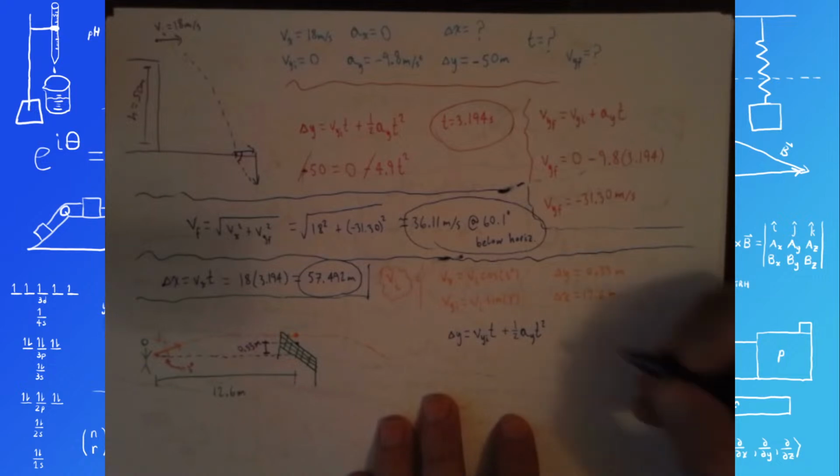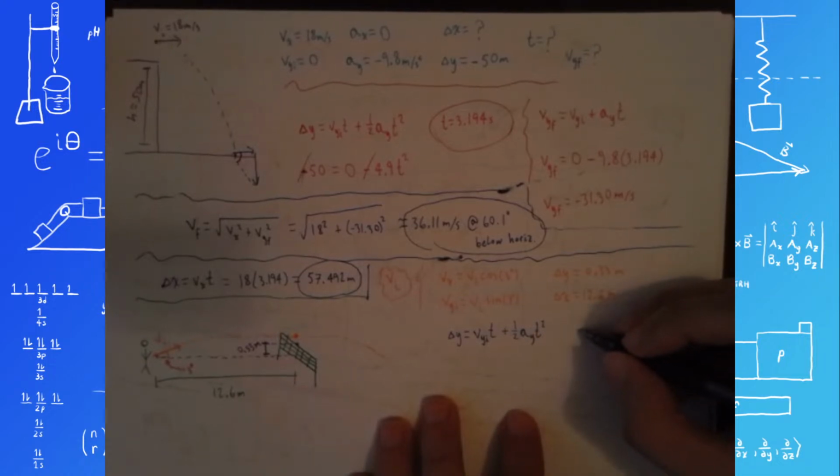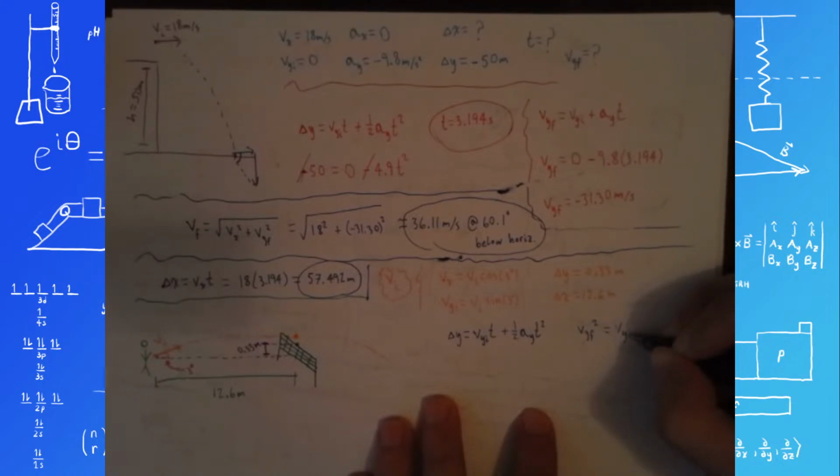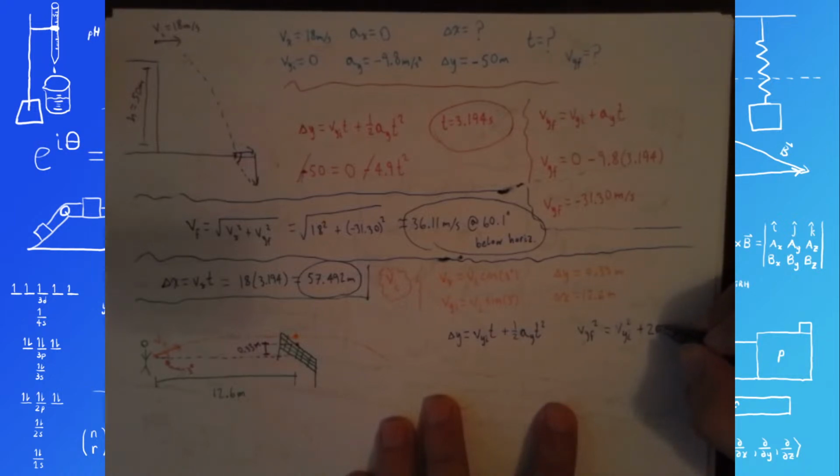My other option would be Vy final squared equals Vy initial squared plus 2 times the acceleration in y times delta y.